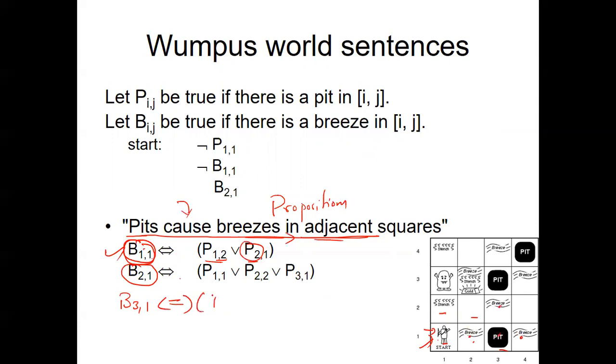Which is nothing but the pit can be either in 2, 1 or in 3, 2 (this is x-axis 3, y-axis 2) or the pit can be in 4, 1. So like that, we can represent the knowledge.